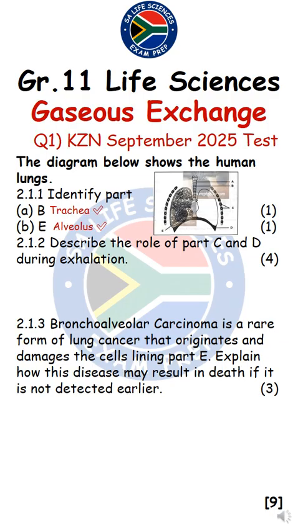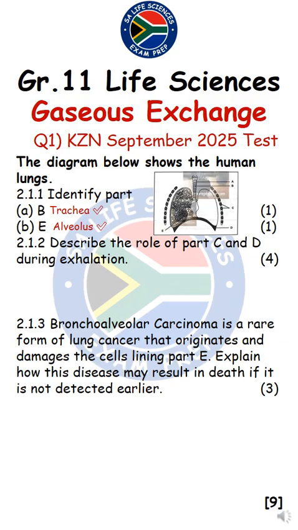So, in order to answer this question properly, we have to know the names of parts C and D, and we also need to refer to exhalation. So this is when air is being expired. This is when CO2 is being breathed out. So we have to say, what does label C do and what does label D do?